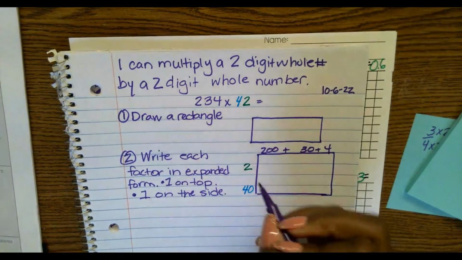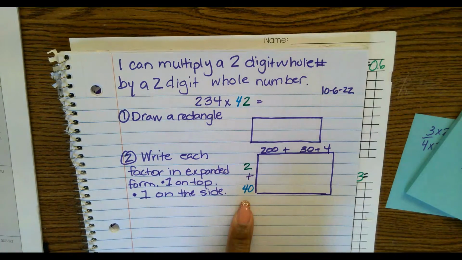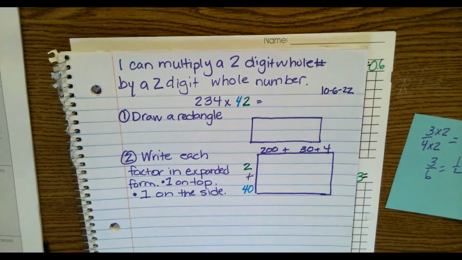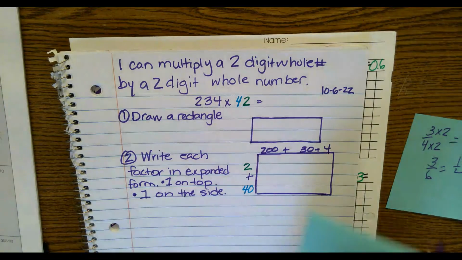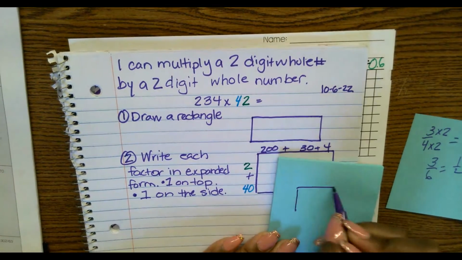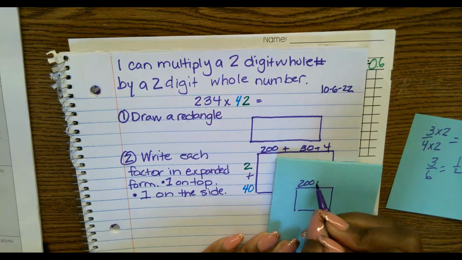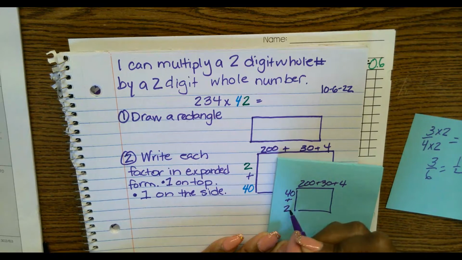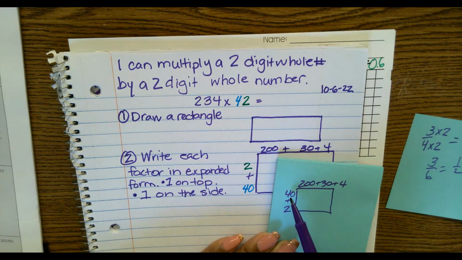Now notice the second factor, I flipped it. Instead of writing it like this, instead of writing it where I put the 40 at the top, because 42 in expanded form is 40 plus 2, notice I flipped it and I wrote the 40 at the bottom of the rectangle.